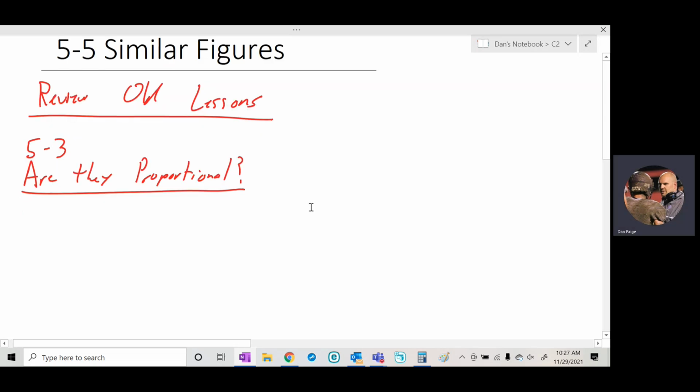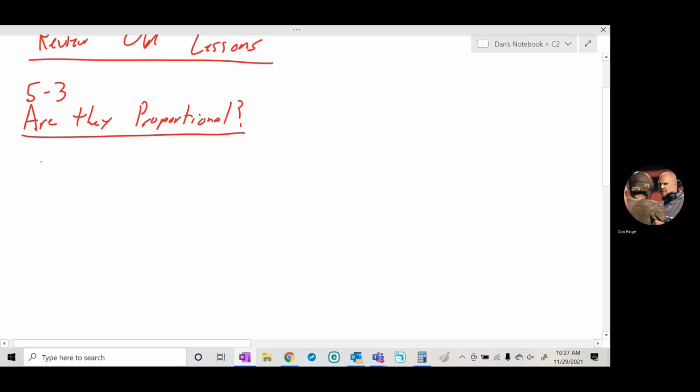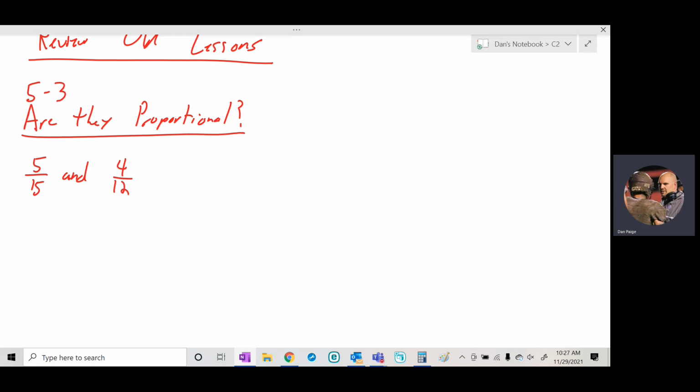It would have something like 5/15 and 4/12. I don't know if you remember, but we had 3 different ways to solve these.